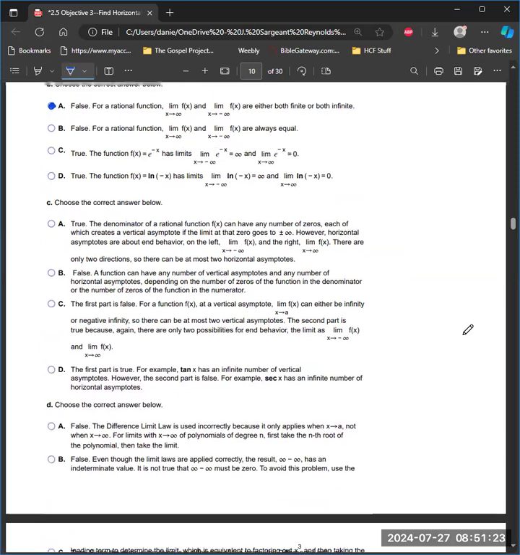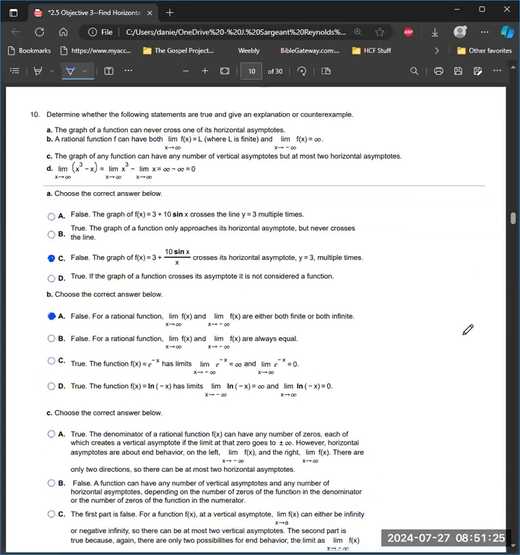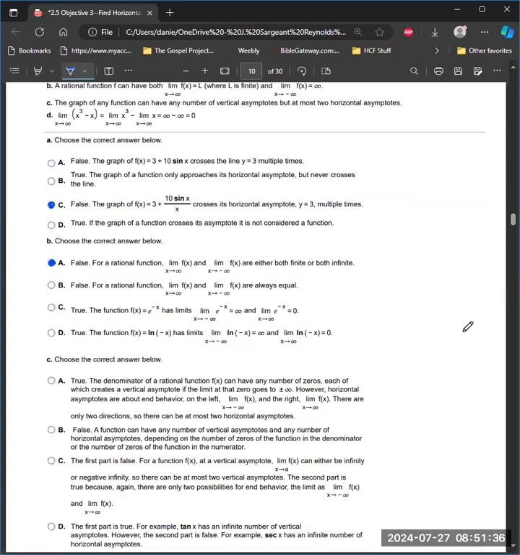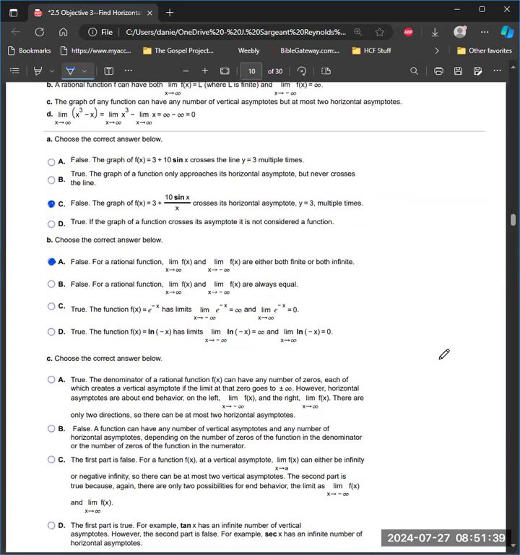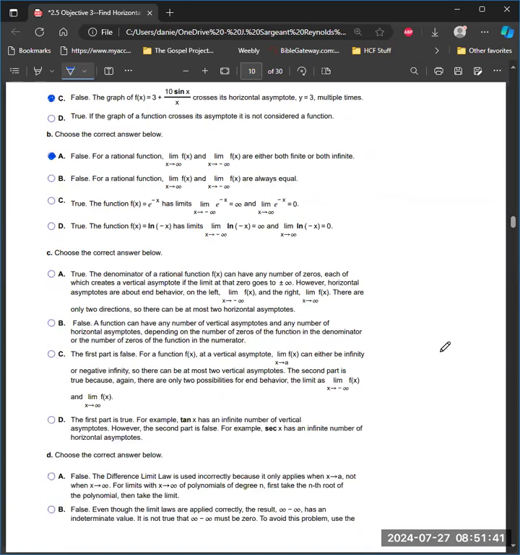Let's choose the correct answer for C. The graph of any function can have any number of vertical asymptotes, but must have at most 2 horizontal asymptotes. That is true. The denominator of a rational function can have any number of zeros, each of which creates a vertical asymptote if it doesn't cancel out with something in the numerator and give me a hole.